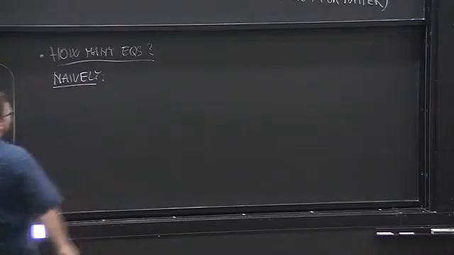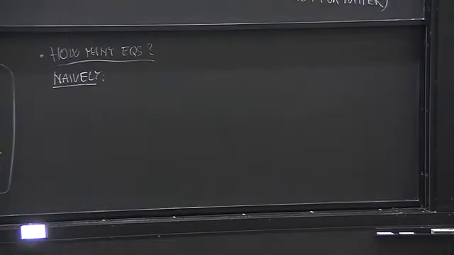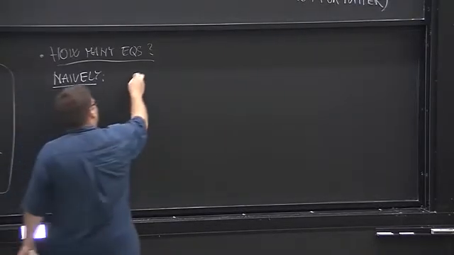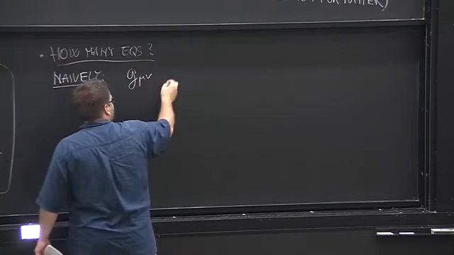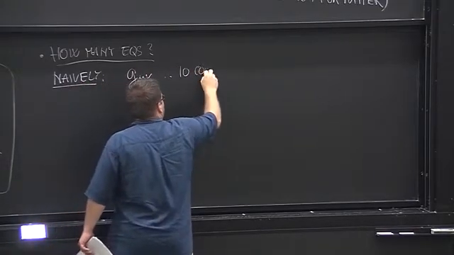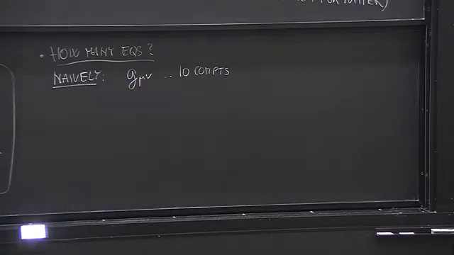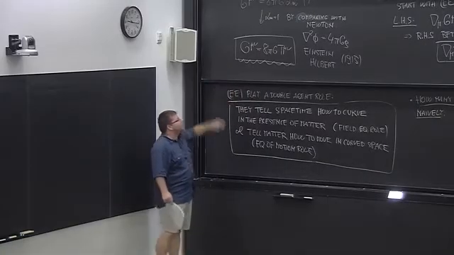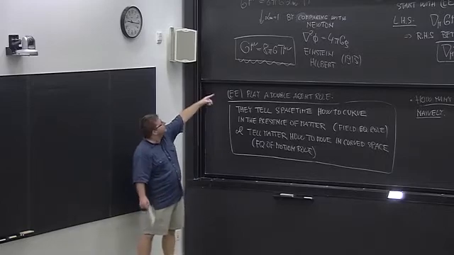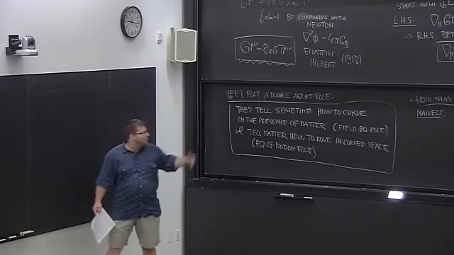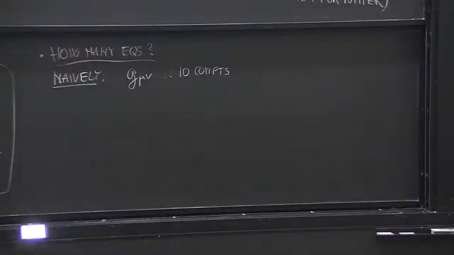And so naively, we might think, okay, the metric has 10 components. G mu nu is symmetric, so it has 10 components. We have 10 equations for these 10 components. So far, so good. G mu nu is symmetric, T mu nu is symmetric. Everything should be fine.